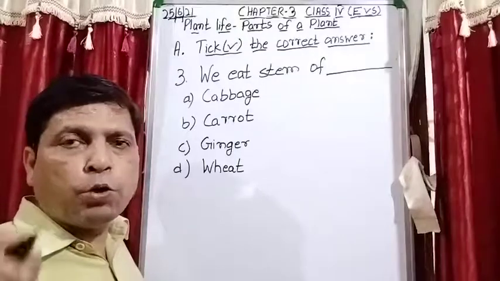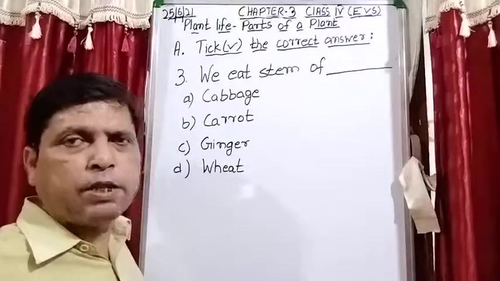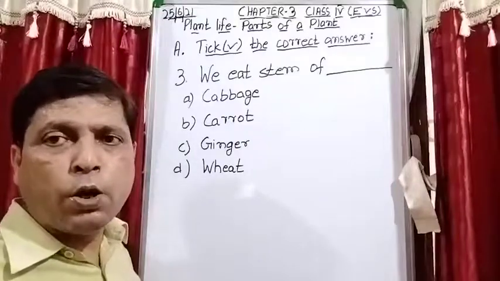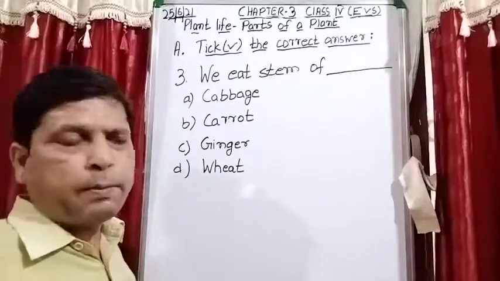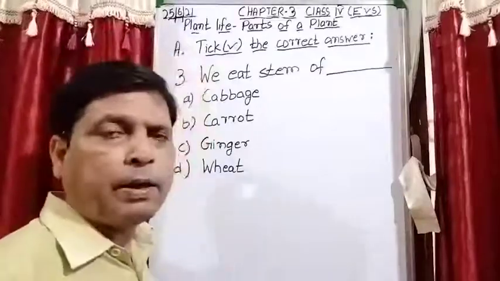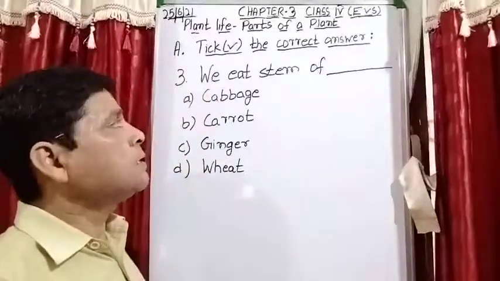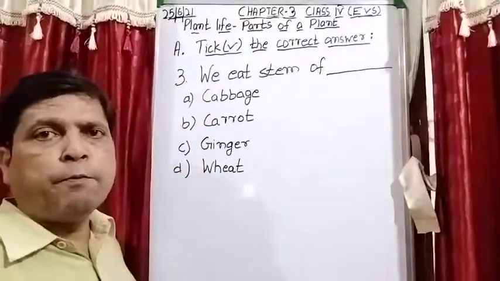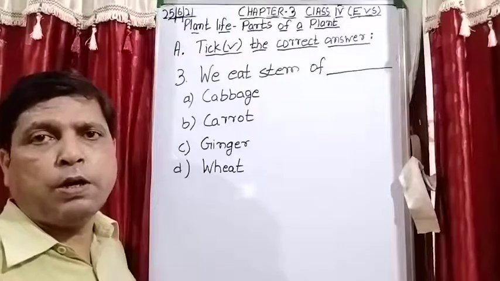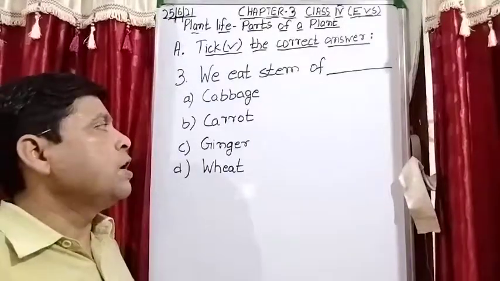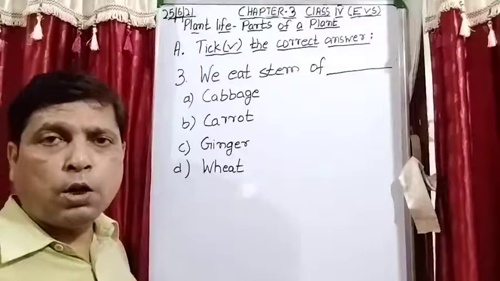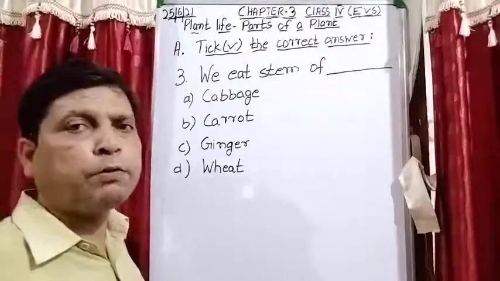Here the food is stored in the root, and these types of roots are known as tuberous root. When I was explaining the chapter, at that time I already explained there are some special types of root which store some extra food. Is it clear? So carrot is a root. This is which part of the plant we eat?